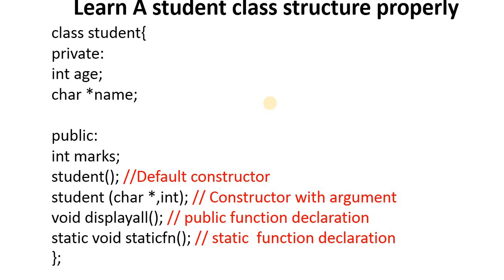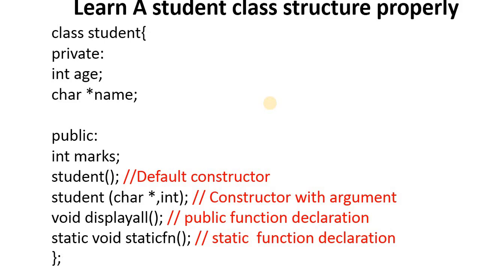The public part has got the marks, and you can see there are 4 different function declarations. Function declaration means these 4 functions are not written here, it's simply a declaration. It says that there is a function called student brackets and 3 other functions which are written elsewhere.